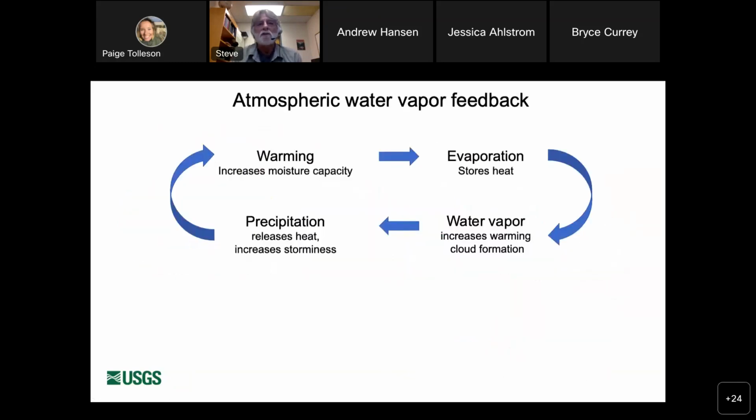Briefly, what makes atmospheric water vapor a major player in global warming is we have this kind of cycle that I've mapped out here. As the atmosphere warms, the ability of the atmosphere to hold moisture increases. Also from the warming, we have increased evaporation, which stores heat through the process.